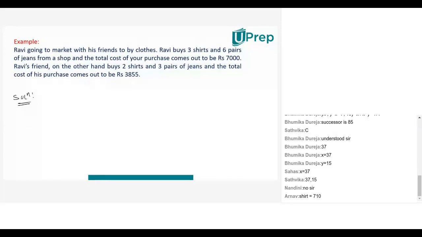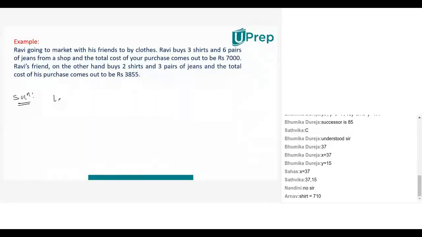Ravi buys 3 shirts and 6 pairs of jeans from a shop, and the total cost of purchase comes out to be 7,000. Similarly, Ravi's friend buys 2 shirts and 3 pairs of jeans, and the total cost of his purchase comes out to be 3,855. So how will you formulate this in terms of linear equations? Simple. What do you do?